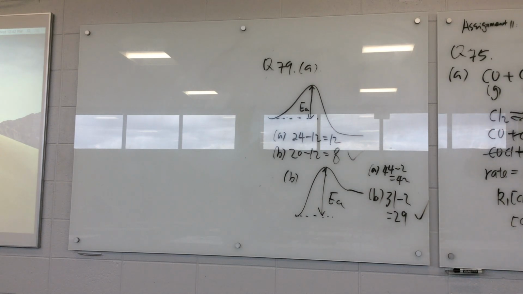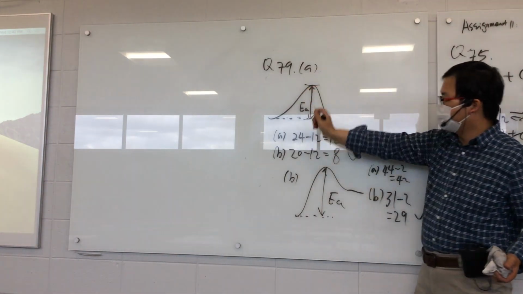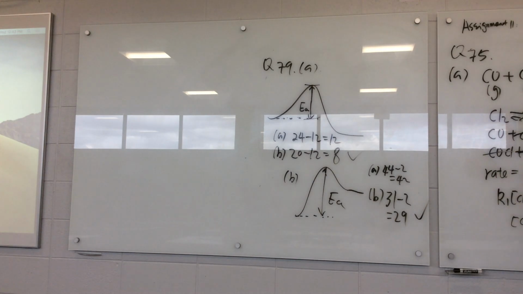Any questions? In this 81, estimate the activation energy. So I will let you do the work. You see, this is what? This is the endothermic reaction. Again, the activation energy should be the difference between the transition state and the starting state.